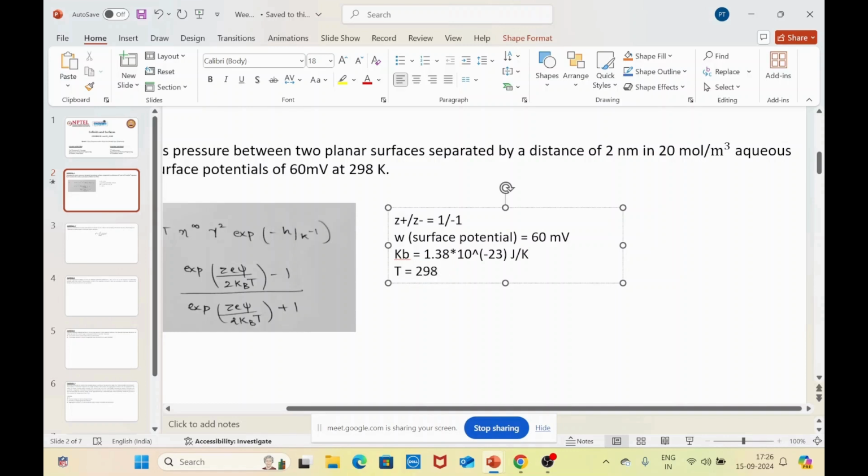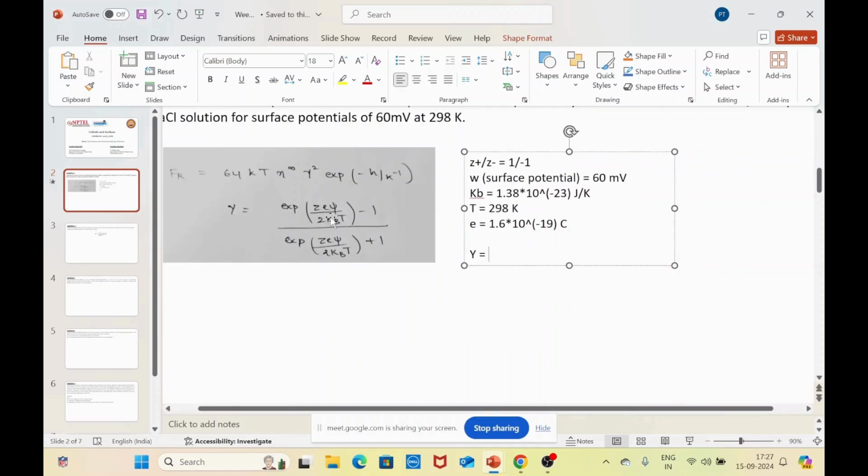And you know the value of e is the charge carried by one electron, that is 1.6 times 10 to the power minus 19 coulomb. Since you have these values, can you please calculate and let me know the value of gamma? You need to substitute in this expression: exponential Ze psi by 2 kBT minus 1, by exponential Ze psi by 2 kBT plus 1.